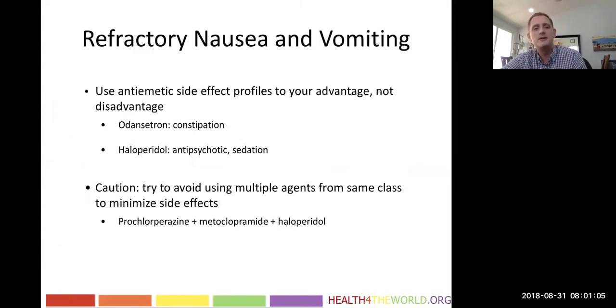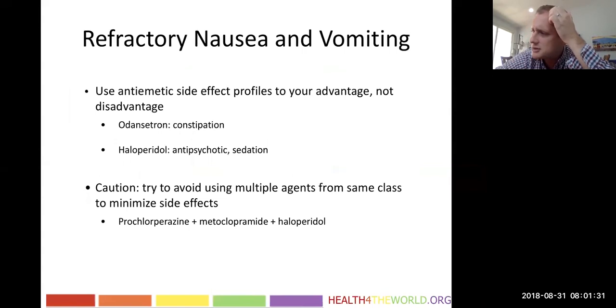So we're coming near the end. As we talked about, the last two things. The other piece to keep in mind is sometimes we can use the side effects from the medications to our advantage. For example, if you have a patient with nausea that you think is largely from GI stimulation, so we think serotonergic, and also they have diarrhea, and it would be helpful if they were a little bit more constipated, then ondansetron is a wonderful medication for you.